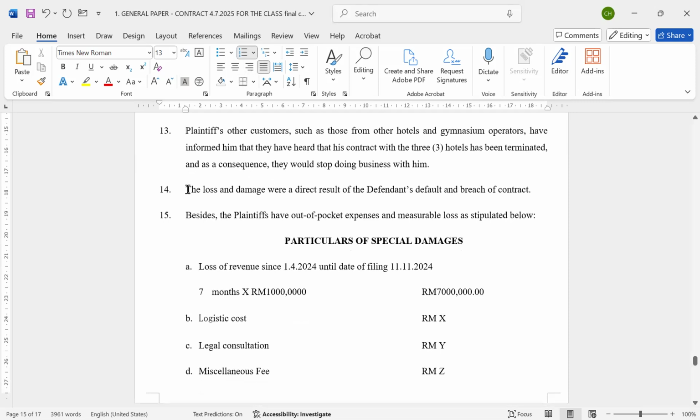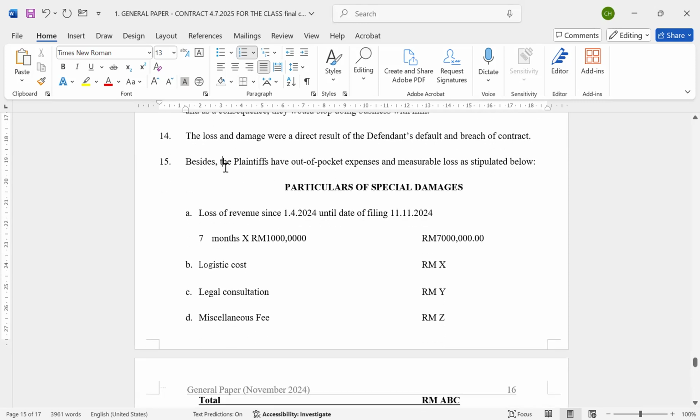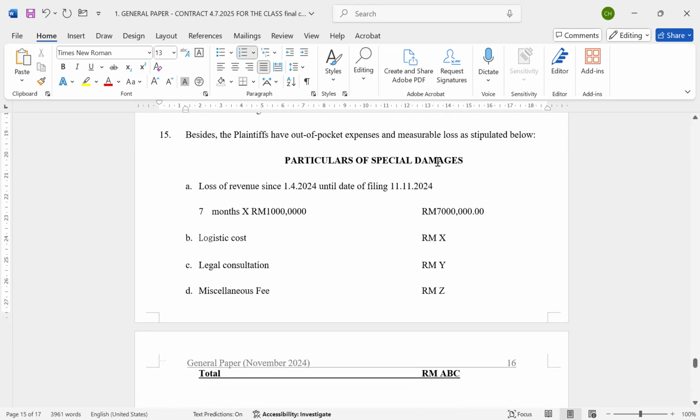Okay, see, the loss and damage were a direct result of defendant's default and breach of contract. So besides, okay, the plaintiff has out-of-pocket expenses and measurable loss as stipulated below. So you quantify the particulars of special damages like this.